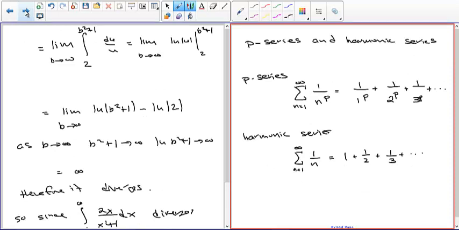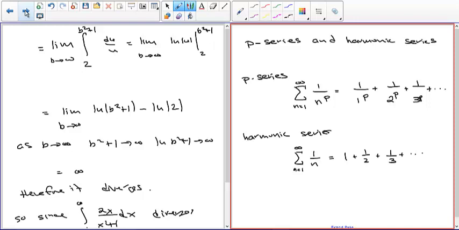Okay, so P series. The harmonic series is a special case of a P series where P is equal to 1. But a P series, instead of having something raised to the n power, which I think we did for the geometric series, remember, the geometric series had a times r to the n. In this case, n is the base instead of the exponent.